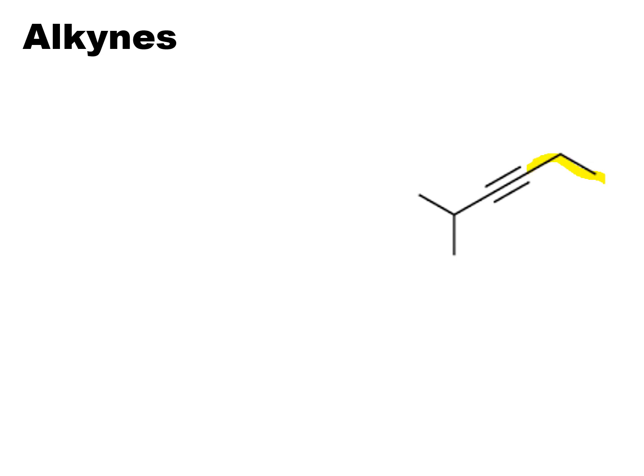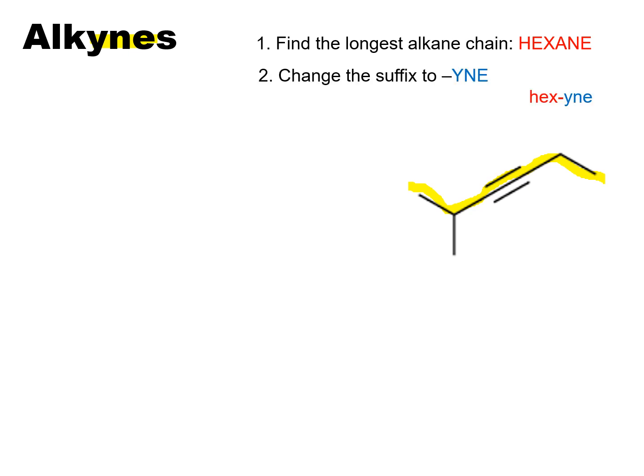Here you have an atom of carbon, that's number 3. This is carbon number 4, 5, and 6. So the alkane of reference is going to be hexane. But because this is an alkyne, we need to change the ending, the suffix, from ane to ine. So we are going to have hexine.